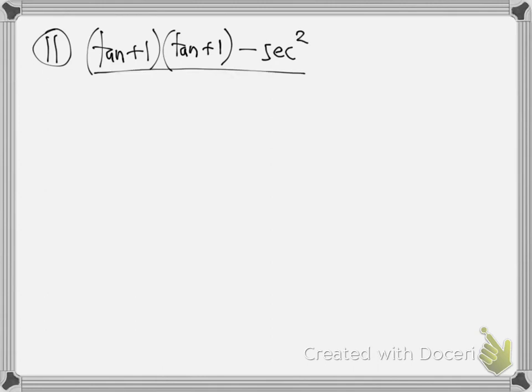So, let's see, we got tangent plus 1, tangent plus 1, minus secant squared over tangent. Yeah, that's like a mess. All right, so foil that out on the top.